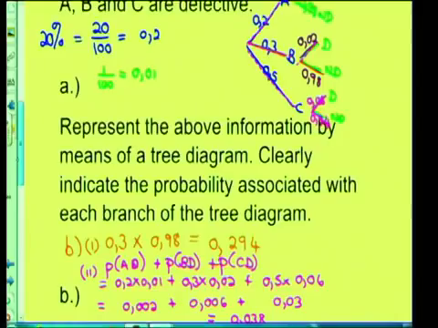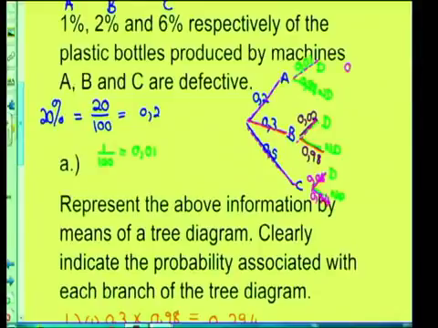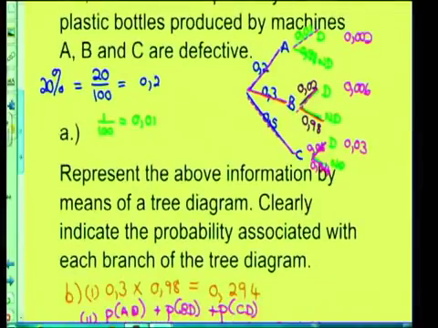Now, what was I trying to stress? What I was trying to stress is something important. We know that this is going to be 0,002. This one was 0,006. And this one was 0,003. We had worked out this other one over here in this little lane here at 0,294.